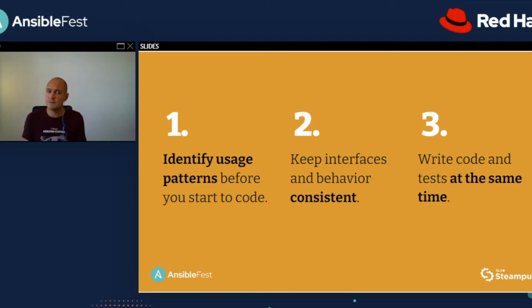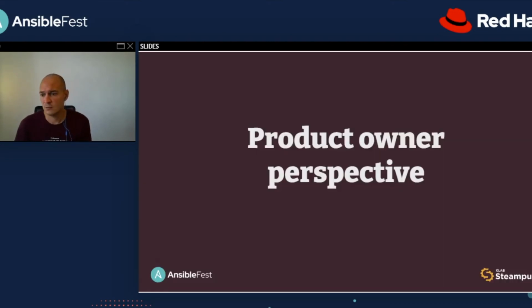Identify usage patterns before you start to code. This is what I said: write a playbook before you add a new module or a new role. Keep interfaces and behavior consistent, and write code and tests at the same time so that your code will be structured better. So this is all from the technical perspective.